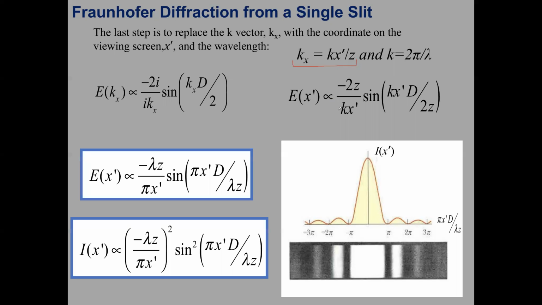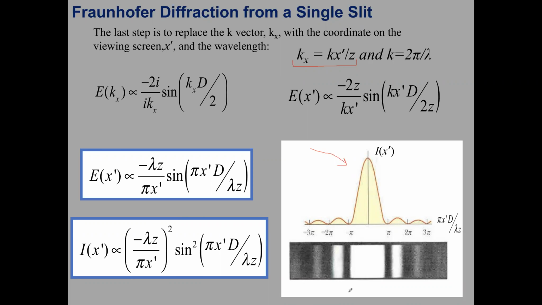If we want to get the graph of the intensity, then we get this function, which is essentially a function sine squared x over x. And if you go back to your calculus textbooks, you will see that sine squared x over x squared, other constants aside, has this shape, a shape that more or less accurately predicts the diffraction pattern we see.